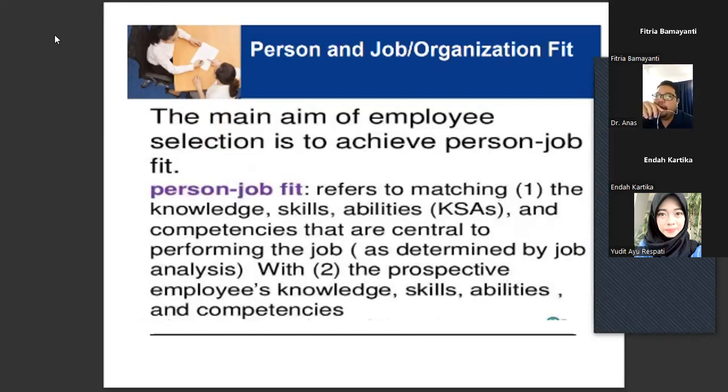Okay, and then the person job or organization fit. Now, what is a person and organization fit? The main aim of employee selection is to achieve person job fit.